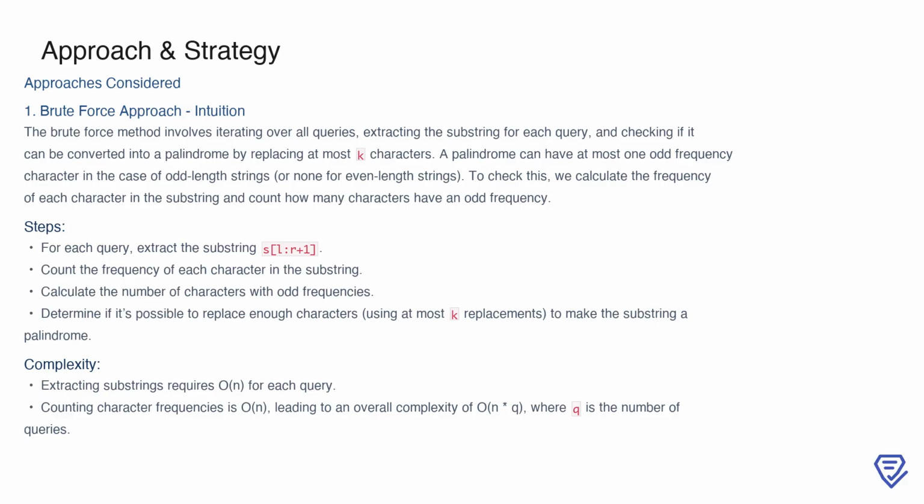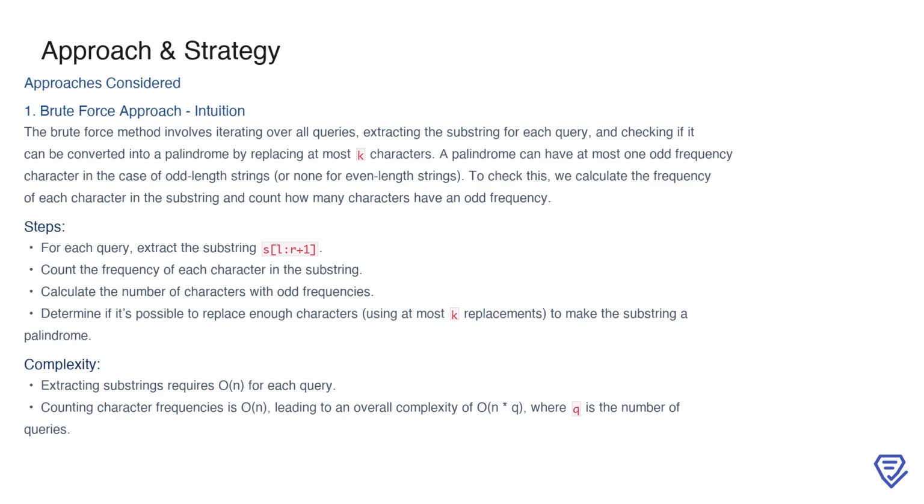Once we have the odd frequencies, we determine if it's possible to convert the substring into a palindrome by replacing at most k characters. For example, if two characters have odd frequencies, we would need at least one replacement to fix both of them, and so on. However, this approach becomes computationally expensive because extracting substrings and recalculating frequencies for each query both take linear time.